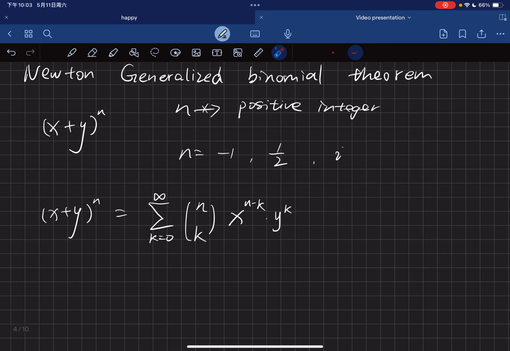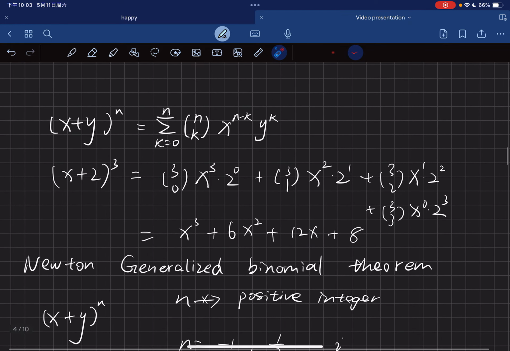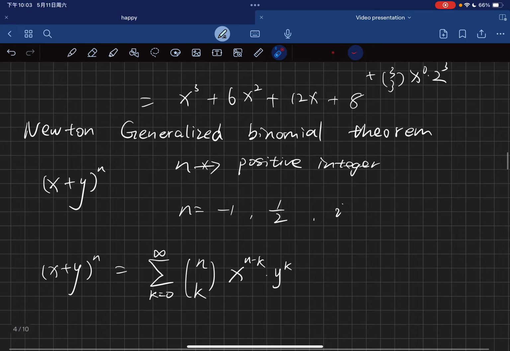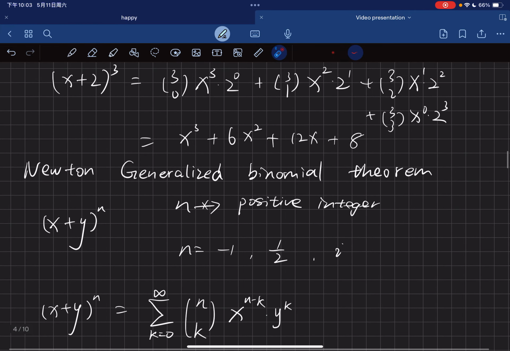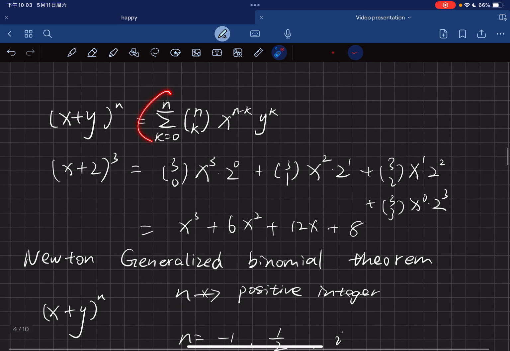I think most of you might want to learn how to prove this formula, right? This is different from the first one we mentioned, because it is a sum from 0 to infinity, but the first one only goes from 0 to n.